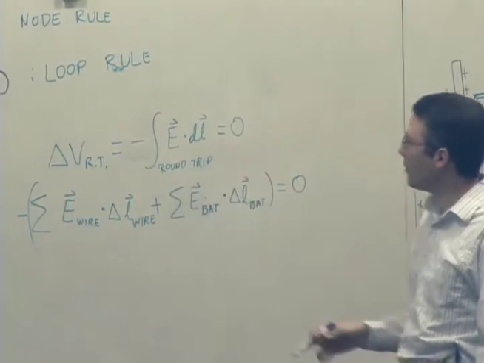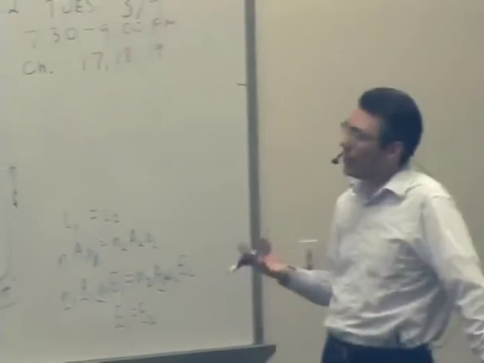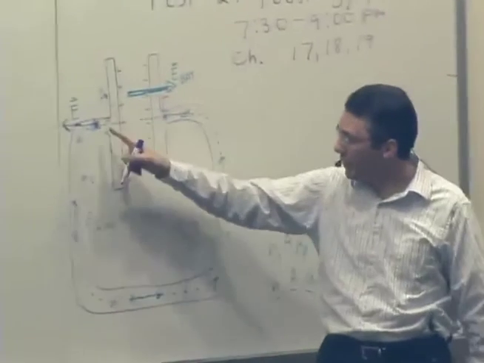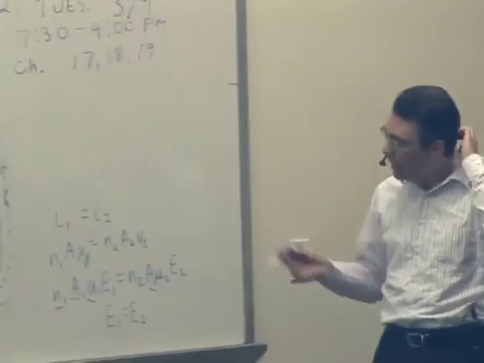electric field and potential difference is that it's an integral, okay? And you can always do an integral, okay? It just so happens that we just said the electric field inside the wire is a constant. It shouldn't change.